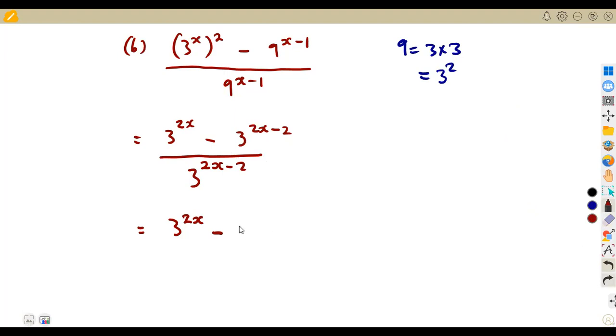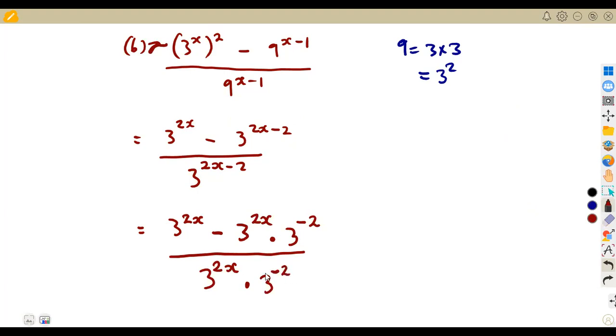So if we separate this, we are going to have 3 to the exponent of 2x times 3 to the exponent of negative 2, everything over what we have in the denominator, which again we have to separate: 3 to the exponent of 2x multiplied by 3 to the exponent of negative 2.